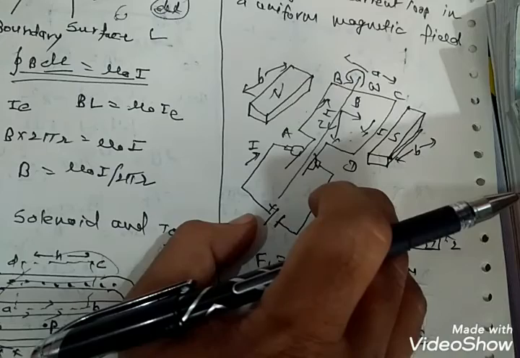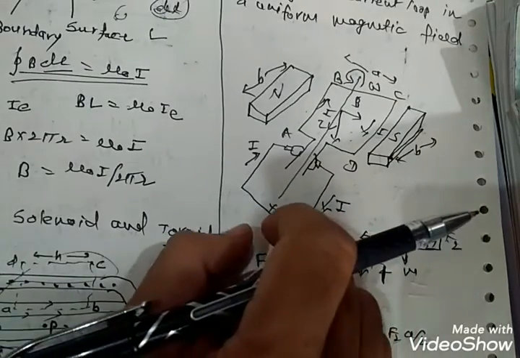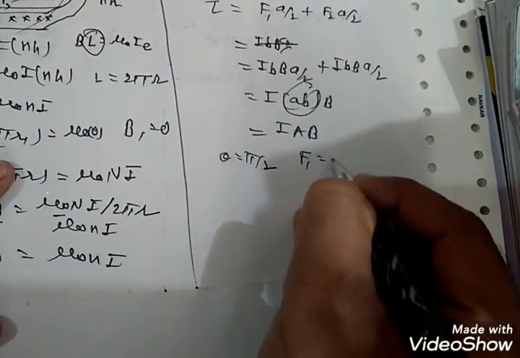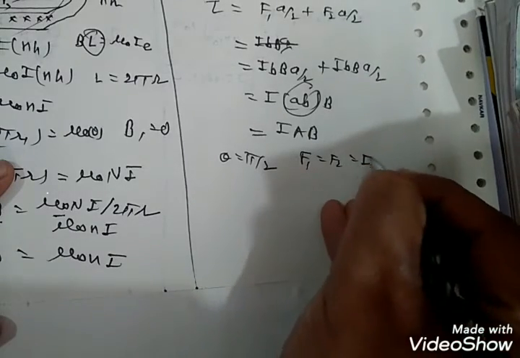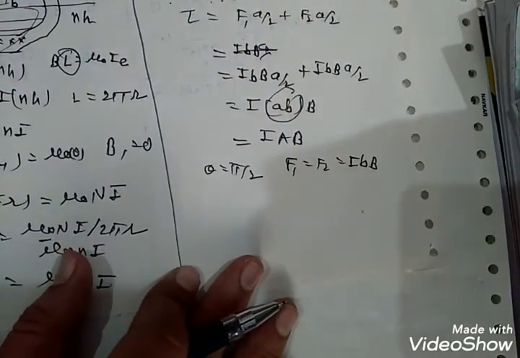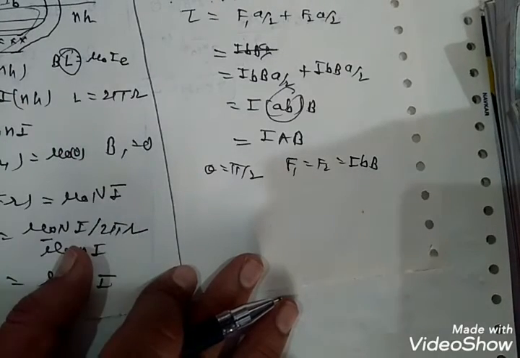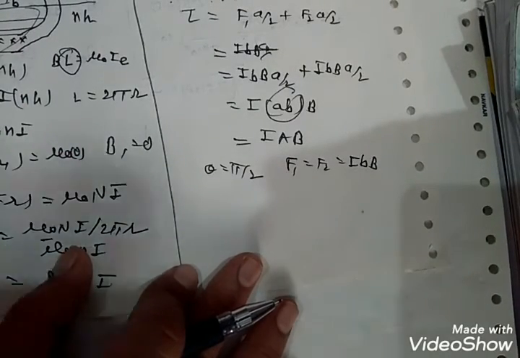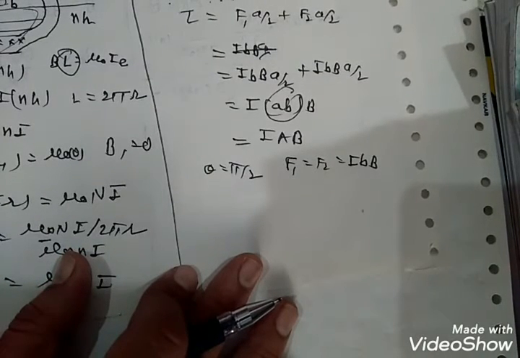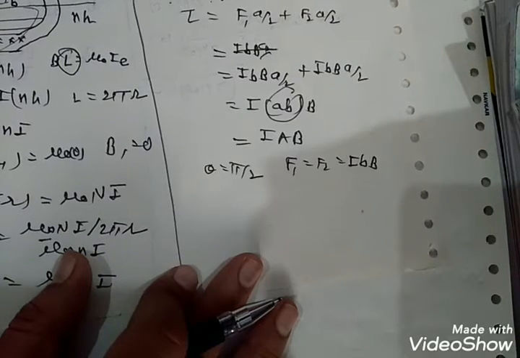The forces on the arms AB and CD are F1 and F2. They are equal and opposite, so F1 is equal to F2 is equal to I b B, but they are not collinear. This results in a couple as before. The torque is less than the earlier case when the plane of the loop was along the magnetic field, because the perpendicular distance between the forces of the couple has decreased.